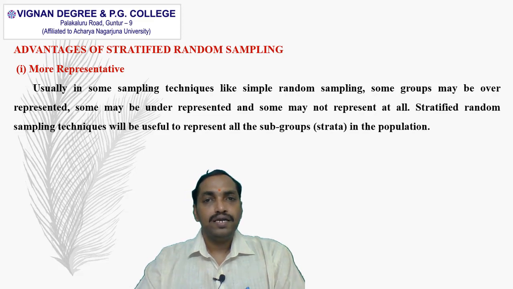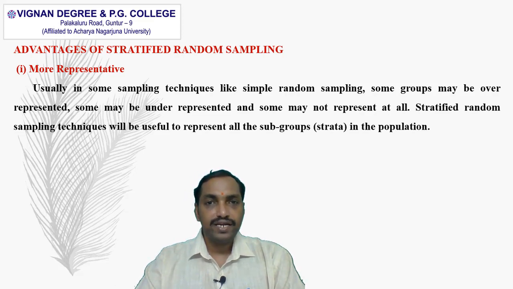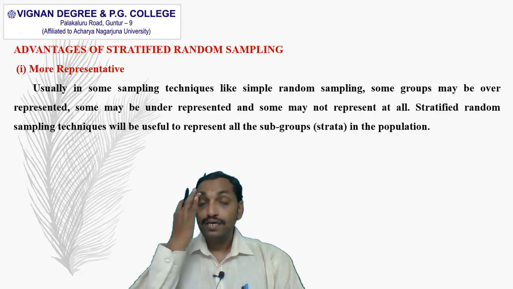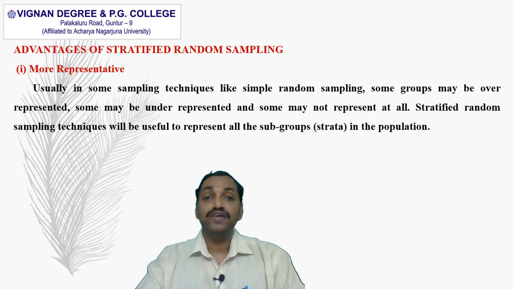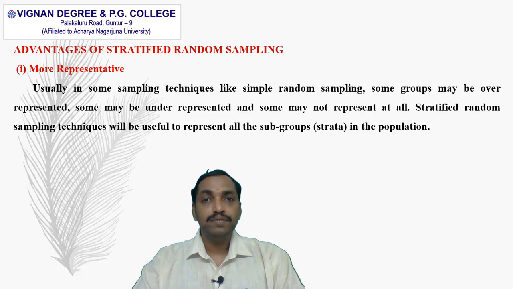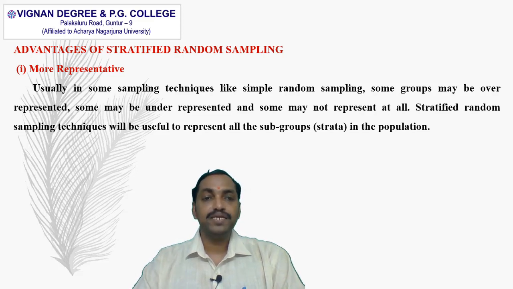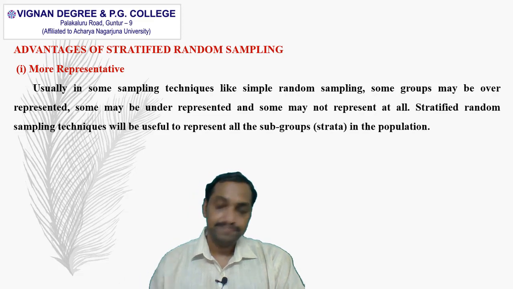But instead of that, if we divide the second years, final years and first years into several groups, and from each group I select some number of elements, then all the groups will be represented in the sample in a good manner. So stratified random sampling helps in that aspect.